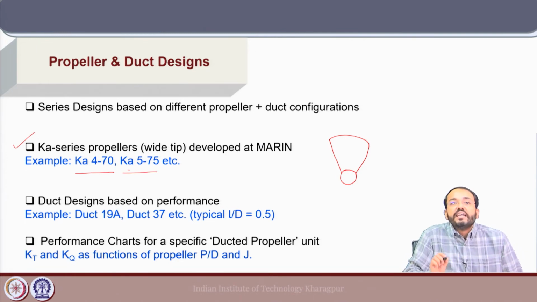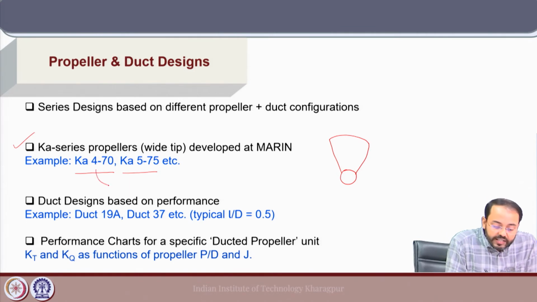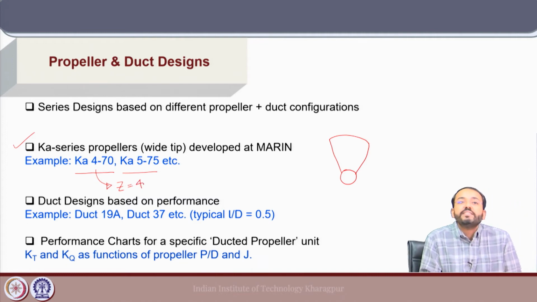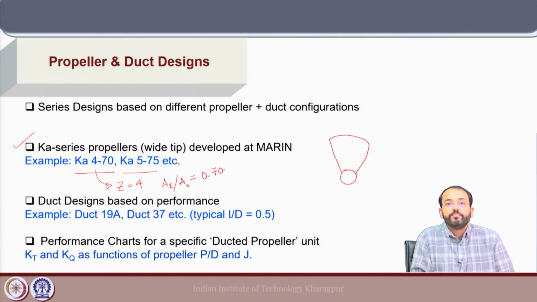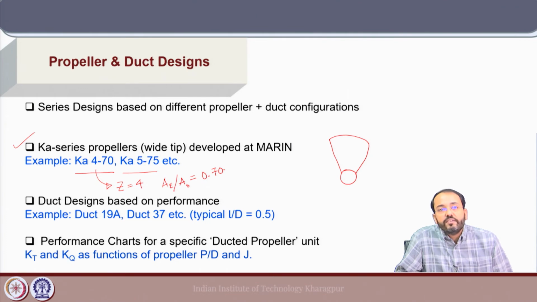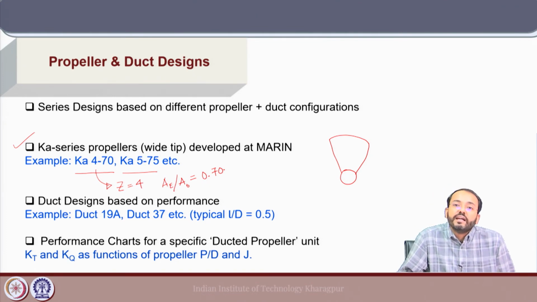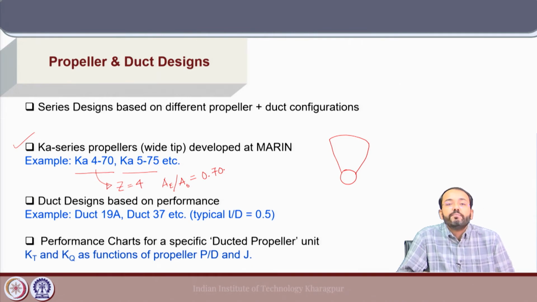It means, for the KA 470 propeller, Z is 4, that means the propeller is a 4 bladed propeller, and the blade area ratio AE by A0 equals 0.70. Similarly, for the KA 575 propeller, the number of blades is 5 and the blade area ratio is 0.75.